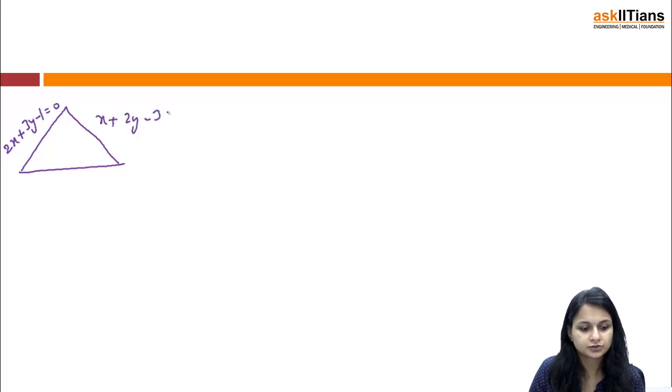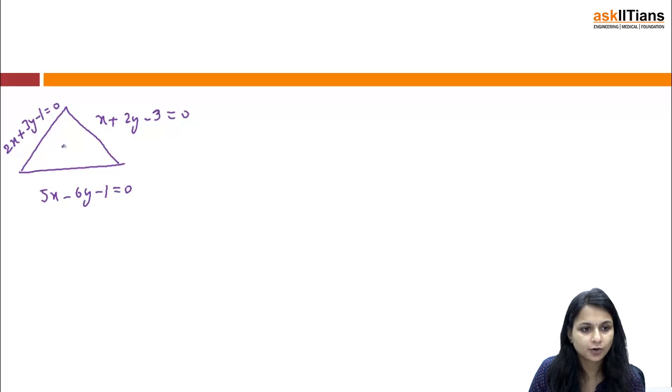So, this is our triangle which is formed by the lines 2x plus 3y minus 1 equal to 0, then x plus 2y minus 3 equal to 0, and 5x minus 6y minus 1 equal to 0.